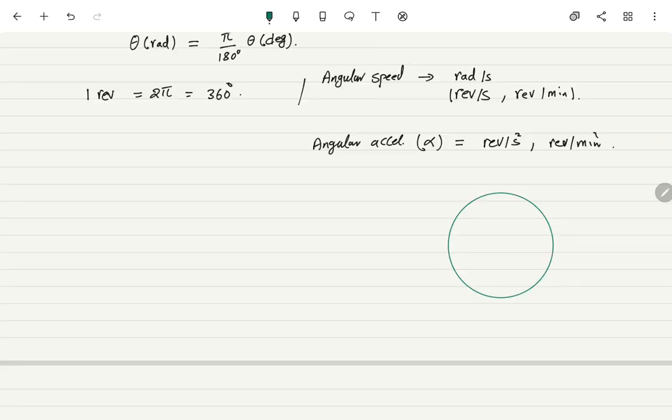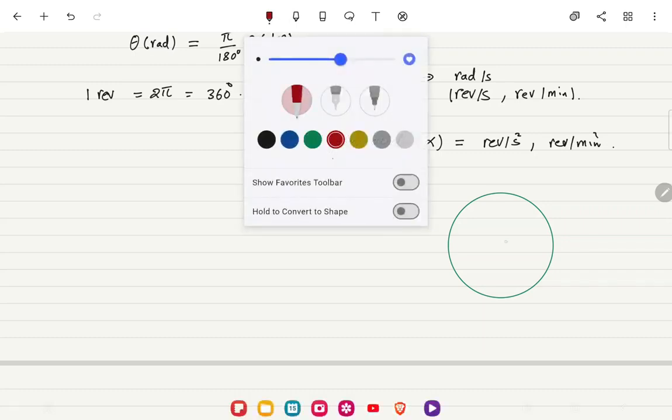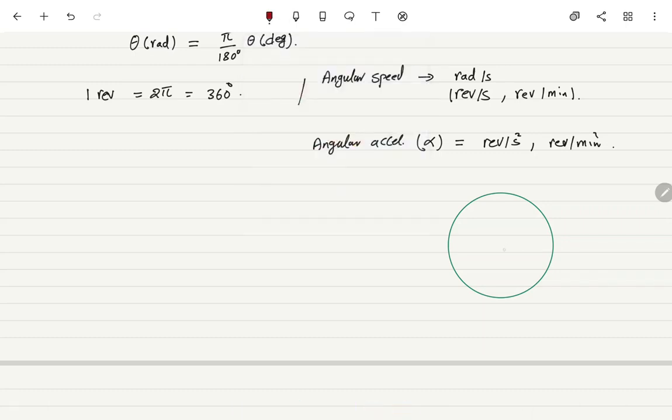Back to the disk example here. Now let's just have x and y coordinates. This is x in the center, and this is y. And again, the z-axis is perpendicular to the page. Now, if this disk rotates this way, the direction of the angular velocity is measured like this.